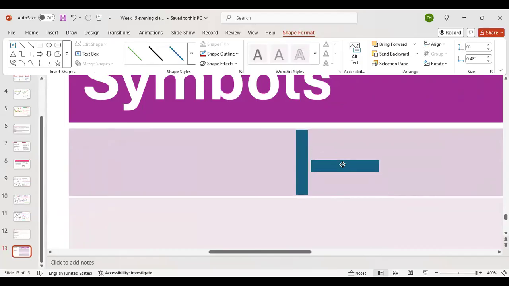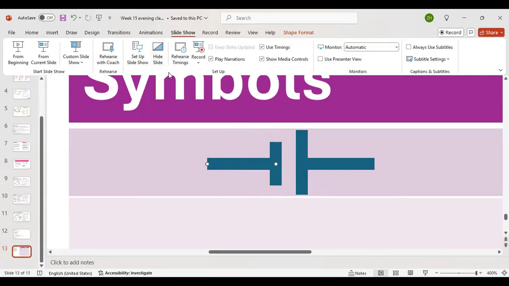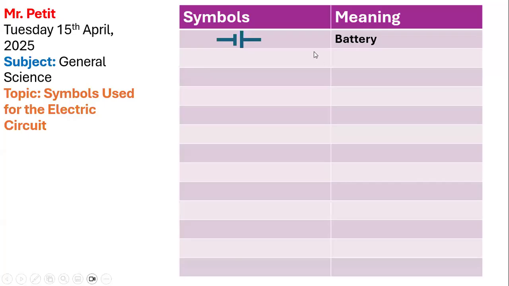Boom and boom. And then this is going to be like this, and like that. Yes, and that's how we draw a battery. That's the battery symbol. How were we supposed to know that? All right, so this is the battery symbol.